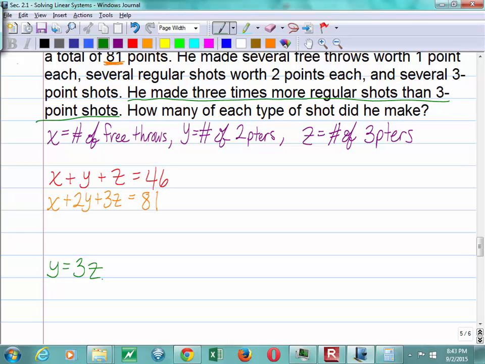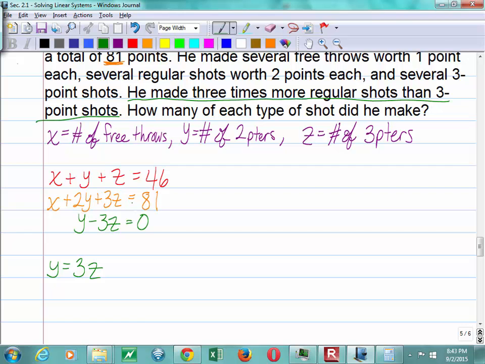So if he made 2 3-pointers, that means he made 6 regulars. Now, to put that equation into the same form as the rest of them, I would move the 3z over, and I would make it y minus 3z equals 0.